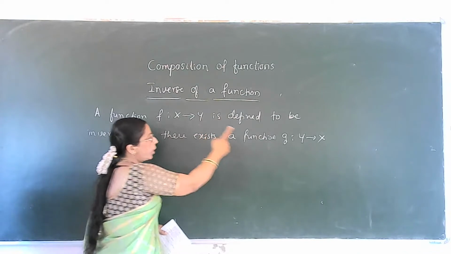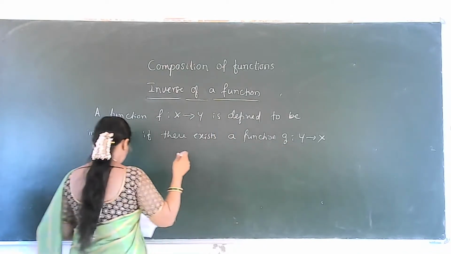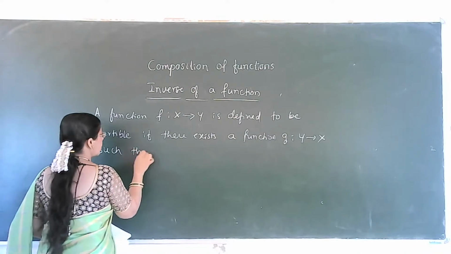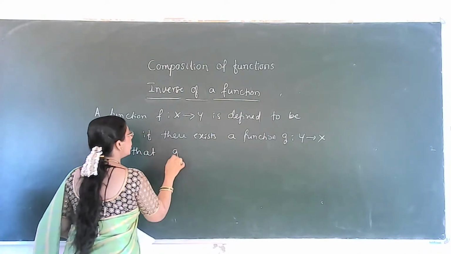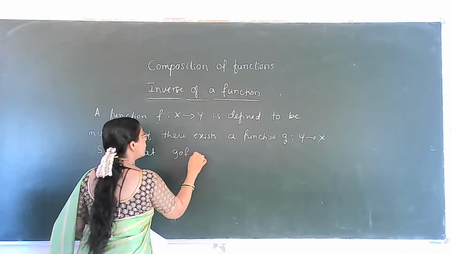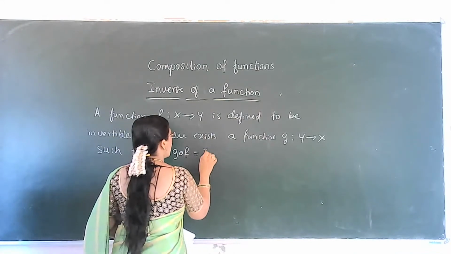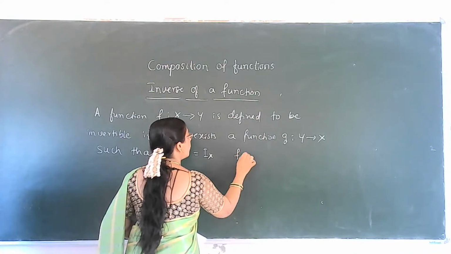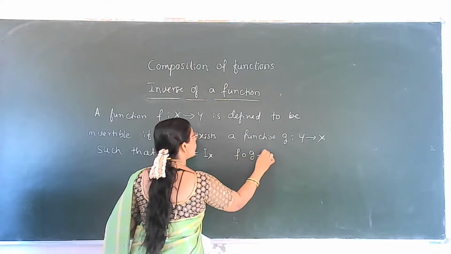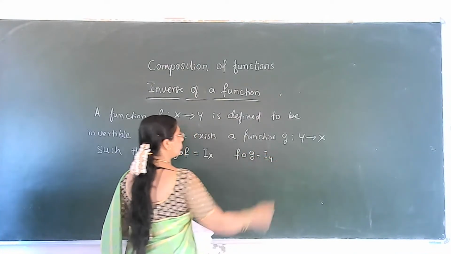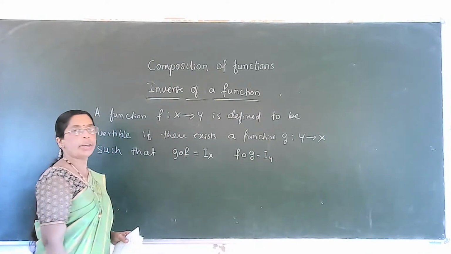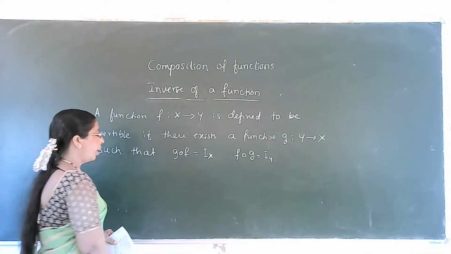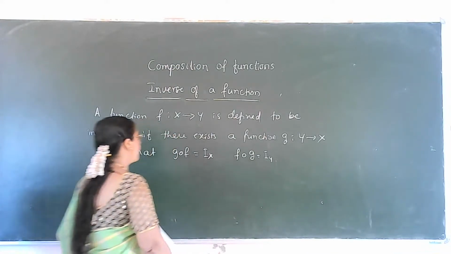It's from x to y, it's from y to x, such that g of f is equal to identity of x and f of g is equal to identity of y. Well, it is an identity of x and identity of y.